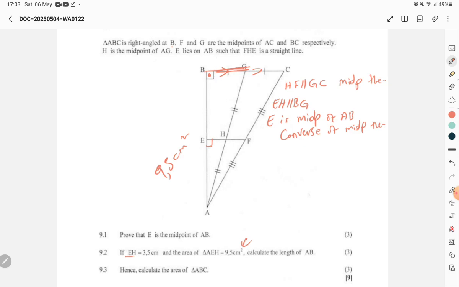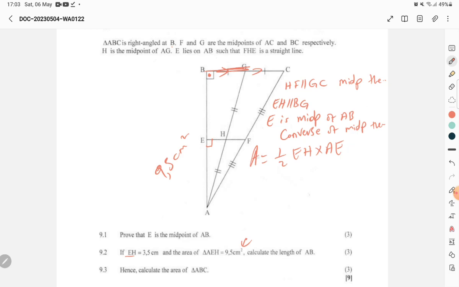So we have a right angled triangle over there. Which means the area of this triangle is going to be equal to half times base, and our base is EH, times height, and our height is AE.